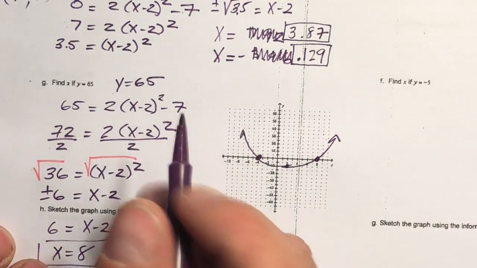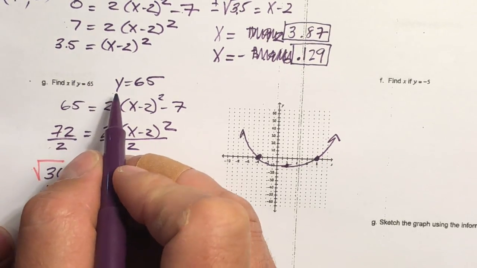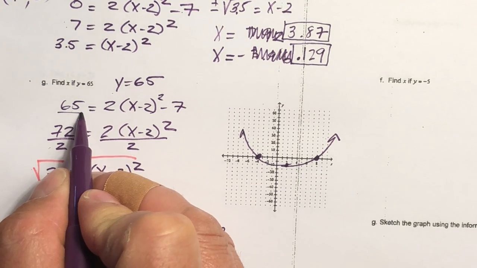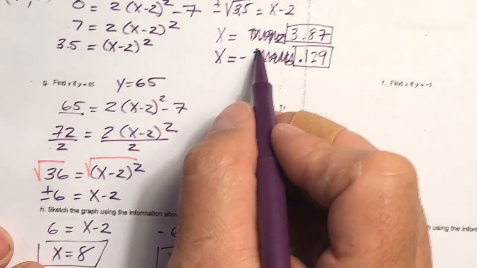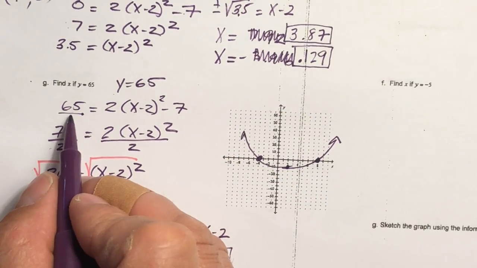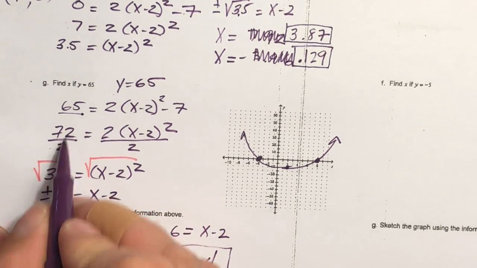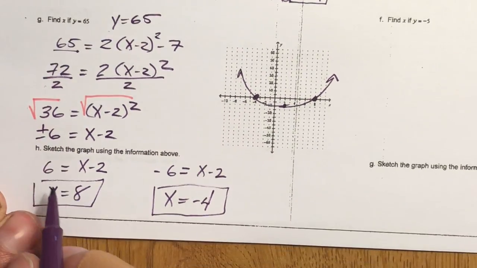For letter G, find x if y is 65. Just like up here, we're going to take 65 and plug it in for that y value, and then we're just going to solve for x. Exactly the same steps as up here, we just start with 65. Added, divided by 2, I got a positive and a negative 6.